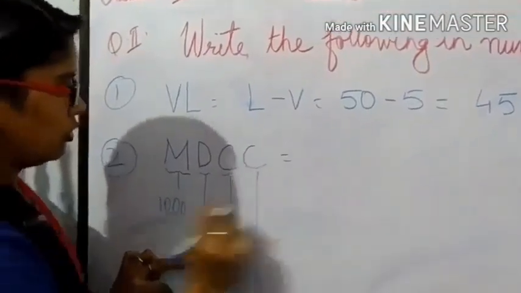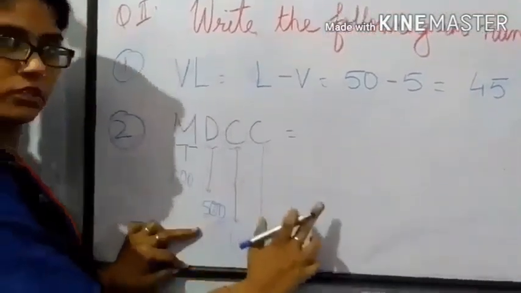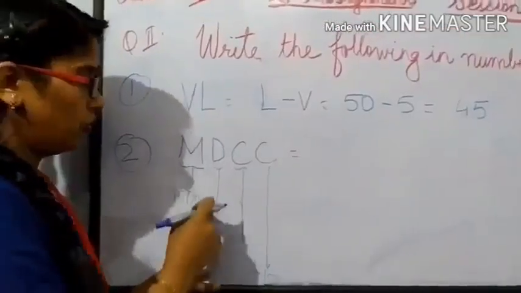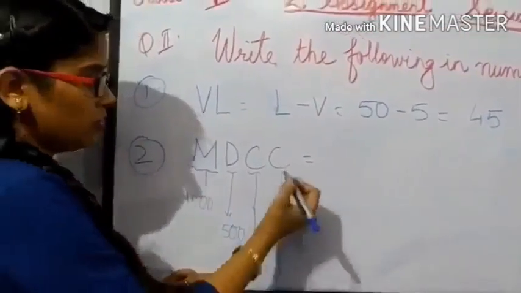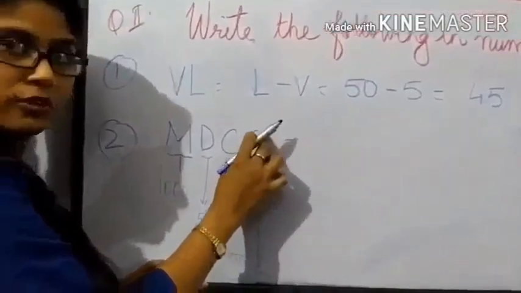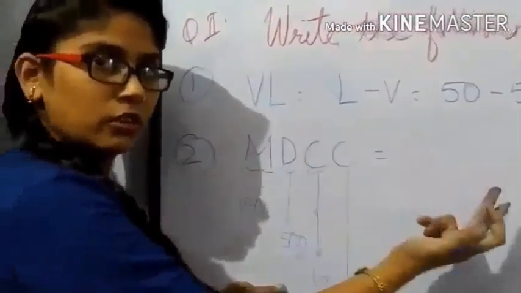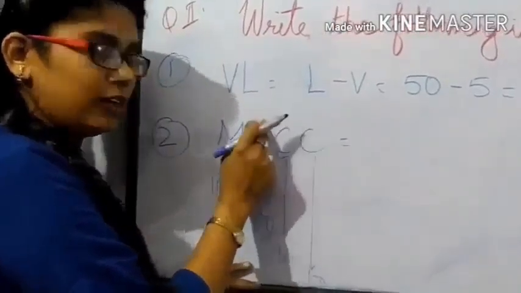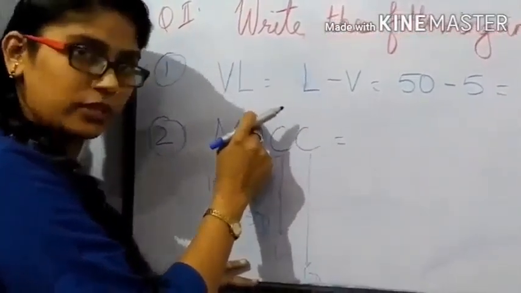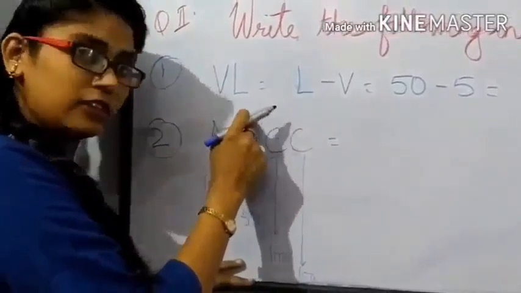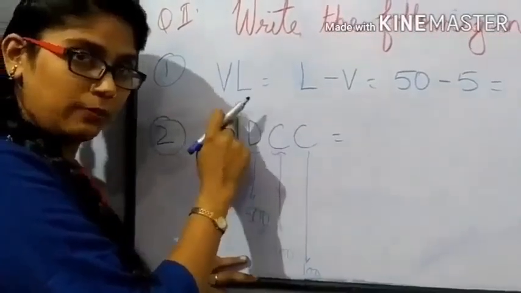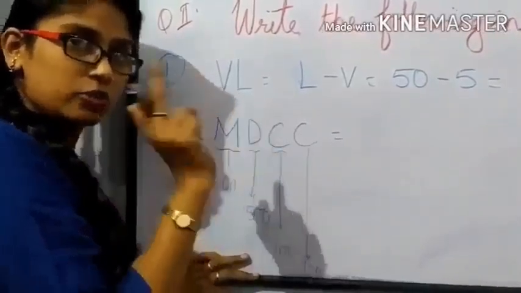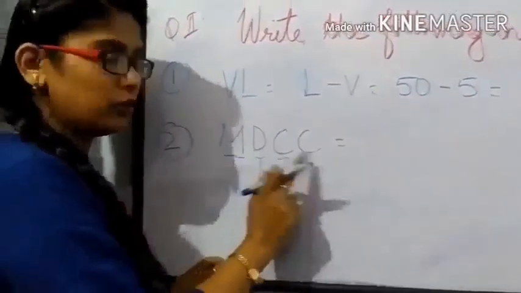So now we will add all these letters. Why will we add? Because the smaller value is standing on the right side, that's why we will add it to the left side letters, and again this D has less value than M, so we will add this. Since according to rule number 2 we have to add them.